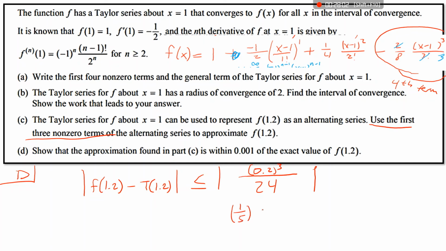So I have 1 over 5 cubed, times 1 over 24. So that's 1 over 25 times 24. What is 25 by 24? Isn't it 1 over 125?